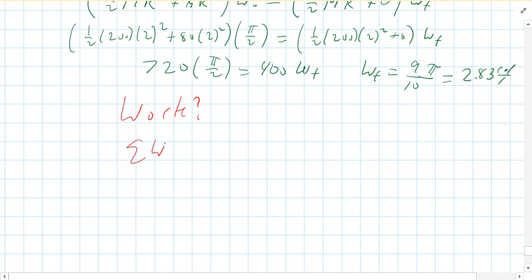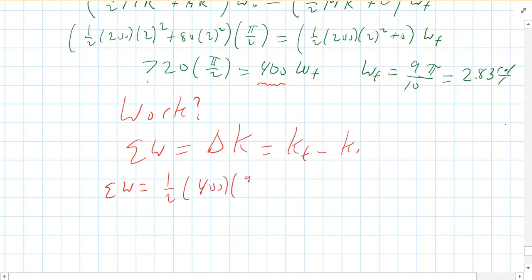We know the net work, which is what I'm trying to find, is simply your change in kinetic energy, which is your kinetic energy final minus your kinetic energy beginning. This is rotational kinetic energy, 1/2 I omega squared. My final was 1/2 times the final I I already figured out, which is 400, and omega final was 9 pi over 10, and I had to make sure I squared that final omega, minus 1/2 times my starting moment of inertia, 720, and the initial omega was pi over 2, which I also have to square.